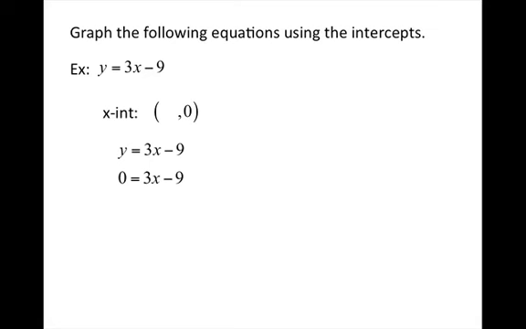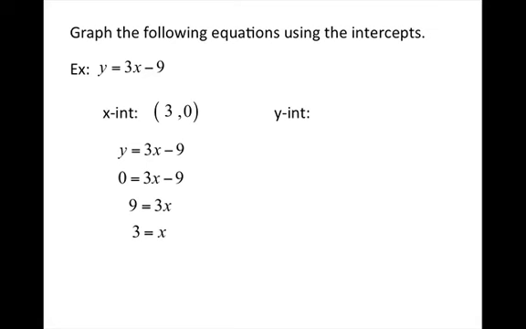Now I want to solve for x, so I add 9 to each side, and I get 9 equals 3x. And then divide by 3, so I get that x equals 3. I plug this into my ordered pair, and I get that my x-intercept is 3, 0.